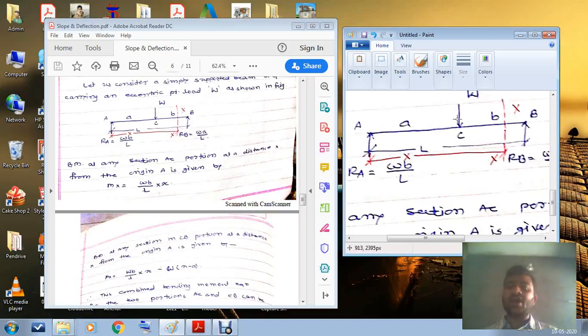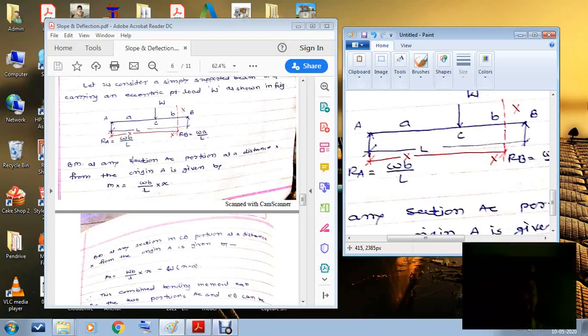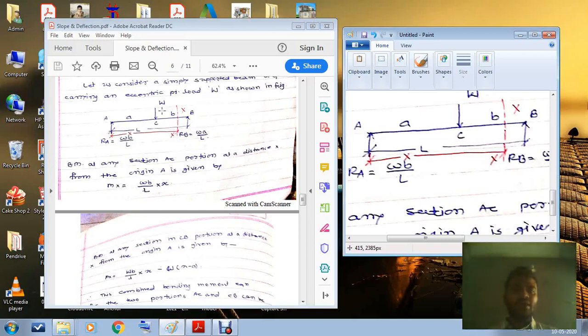Obviously, I can write Mx is equal to Wb by L, which is RA, into x.